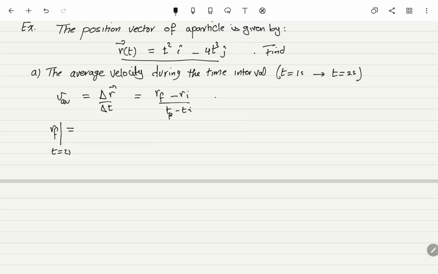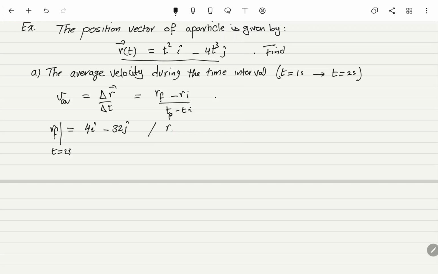You just substitute t equals 2 seconds into this equation and find that r final is 4i hat minus 32j hat.